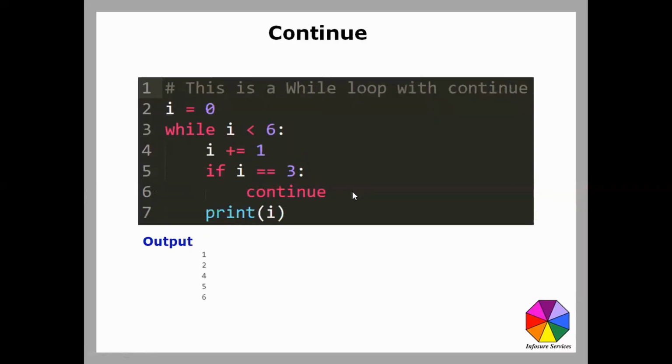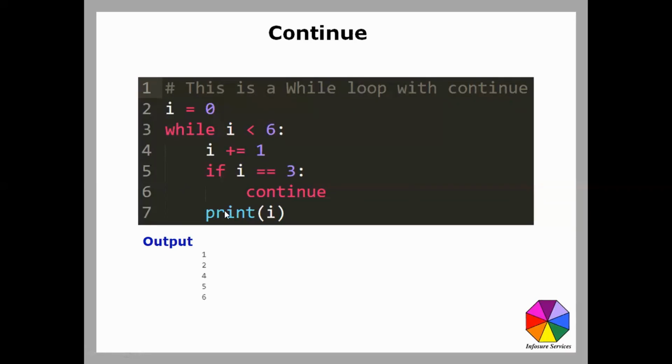Much like break here, you could have continue. So continue here with the condition i less than 6 means when i equal to 3, it just skips that particular condition. Continue means it will skip that particular value and go to 4.